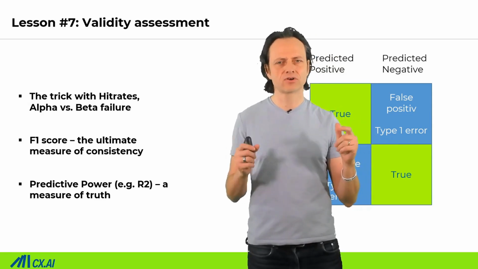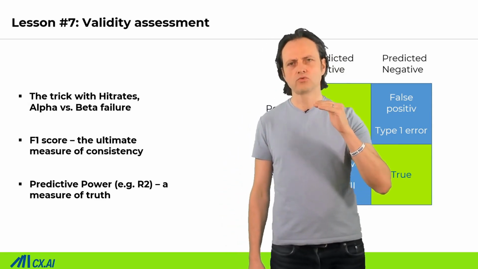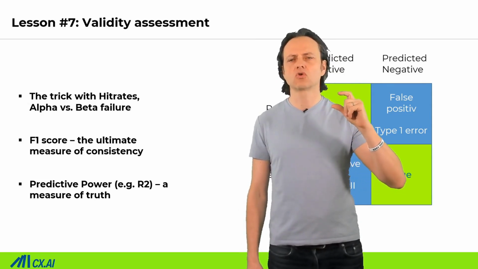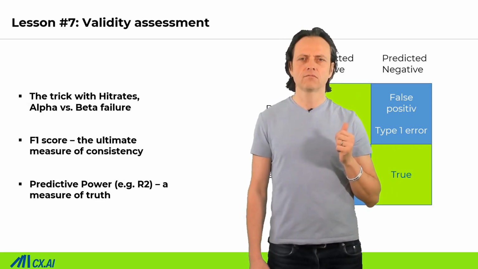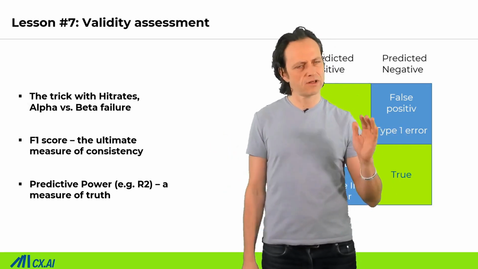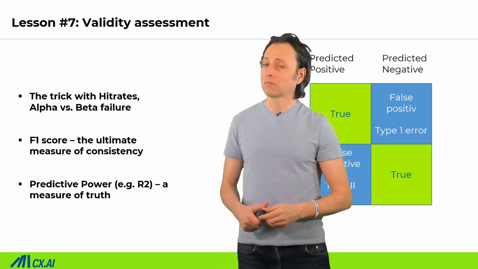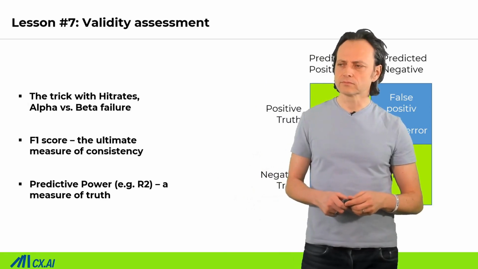This is very high, because when humans code things, you will find an F1 score of 70 to 80. That's humanly possible. 80. But if you are above 90, you should be suspicious.